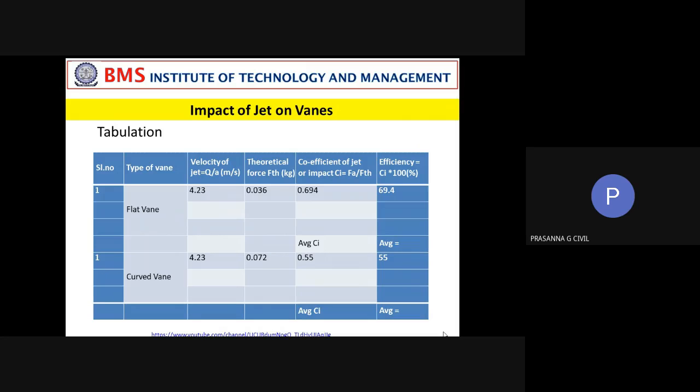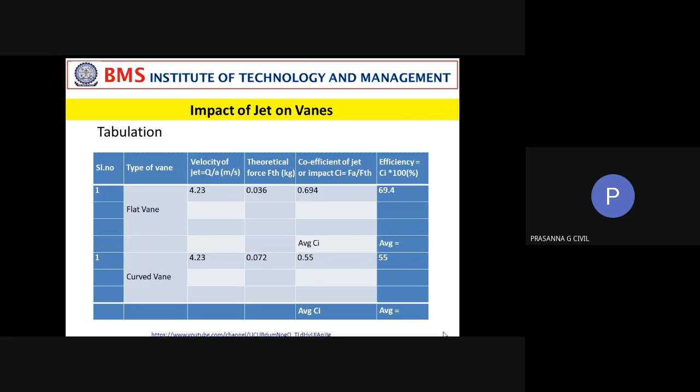The value of velocity obtained for the flat and curved vane is 4.23 meter per second. The theoretical force in each case was calculated with the formula given in the previous slide as 0.036 kg for flat vane and 0.072 for the curved vane.